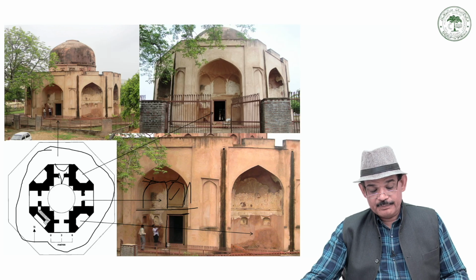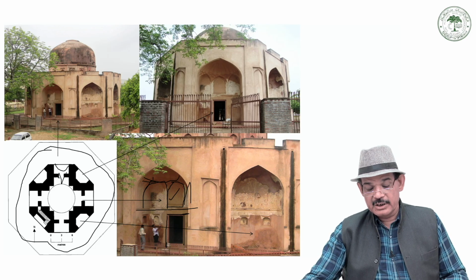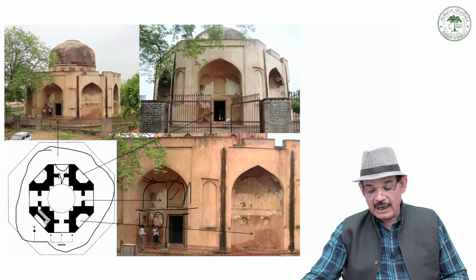The central trabeated door is flanked by an arched niche on the upper side, and the side walls also have arched niches on the upper side.